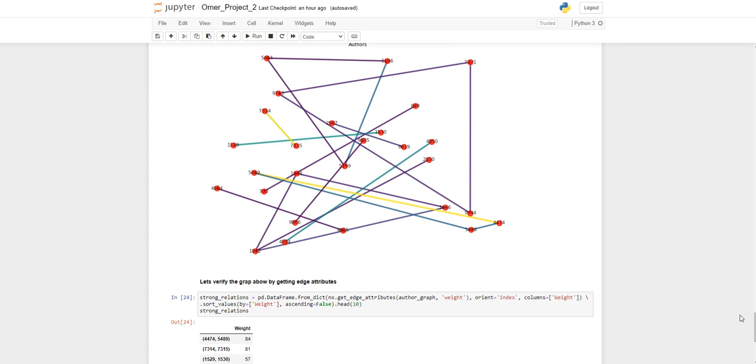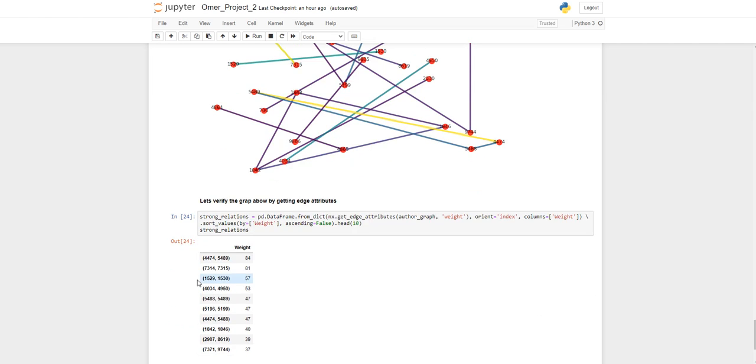When I print the output here, I can see the weights between the two nodes. The first one, 4474 and 5489, has the strongest relationship between two authors here; we can see the weight is 84.